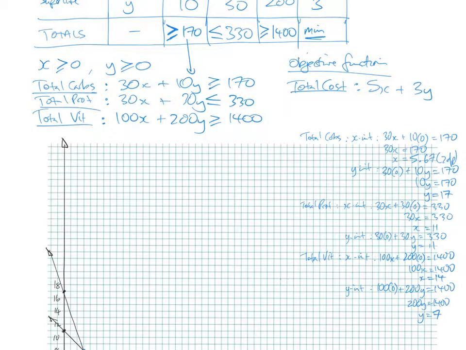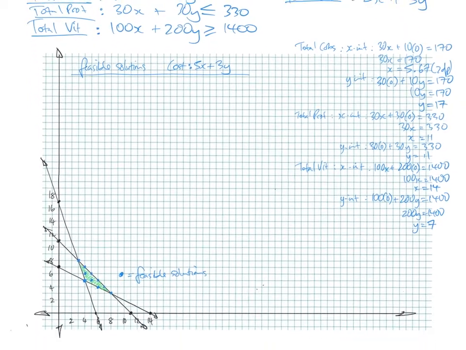We set up a table: feasible solutions, and the representation of the objective function, which is cost, which is 5x plus 3y. We tabulate that and find the result of those feasible solutions and find which is, in this case, the minimum, because we're trying to minimize the cost.